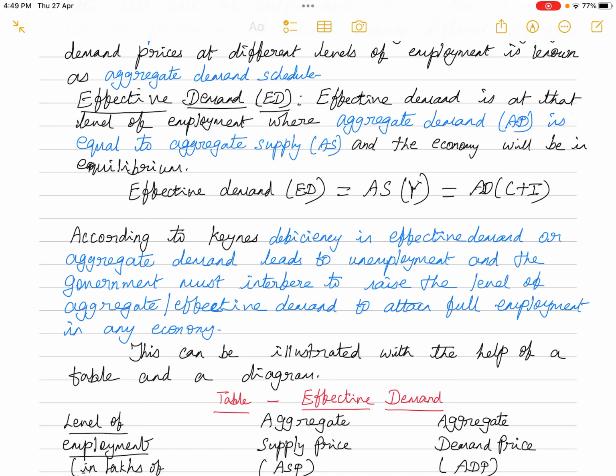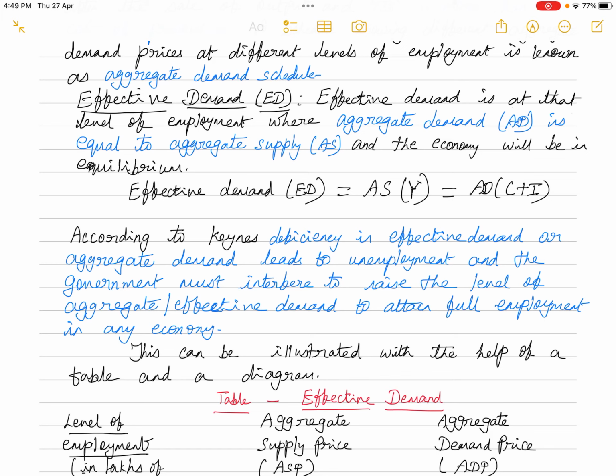Because what the producers must receive is one thing, what the producers are expecting to receive is another thing. See, because of the aggregate supply price, I must receive only 50,000. But what I am expecting is 60,000, isn't it? So like that, when I am increasing the level of employment, I must receive 55,000, but still I am expecting to receive 65,000.